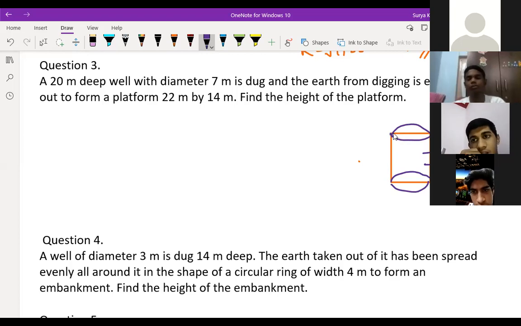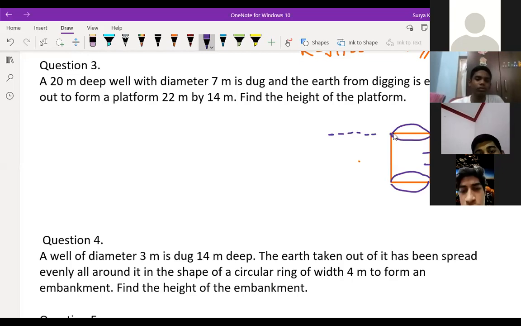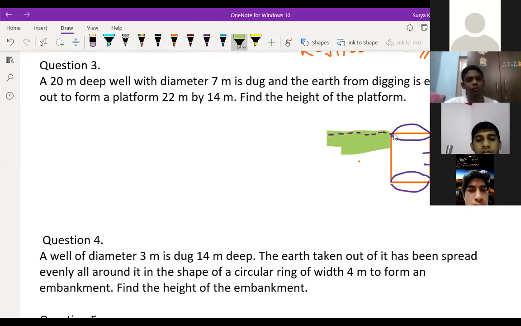A 20-meter deep well with diameter 7 meter is dug and the earth from digging is evenly spread out to form a platform. See, this is your land, children. Try to understand. This whole thing down is land.